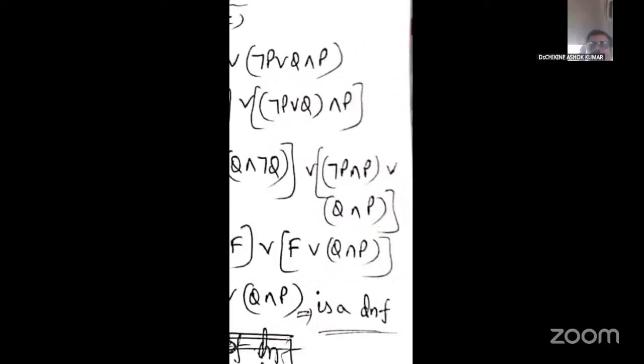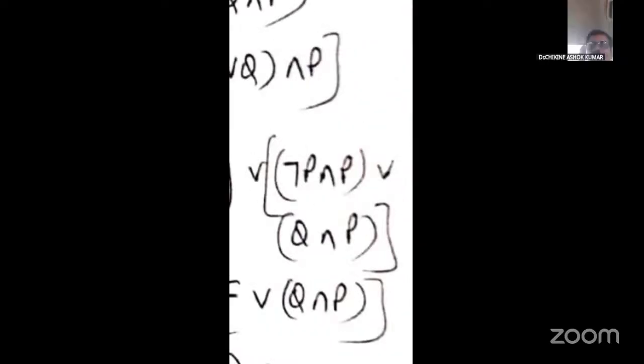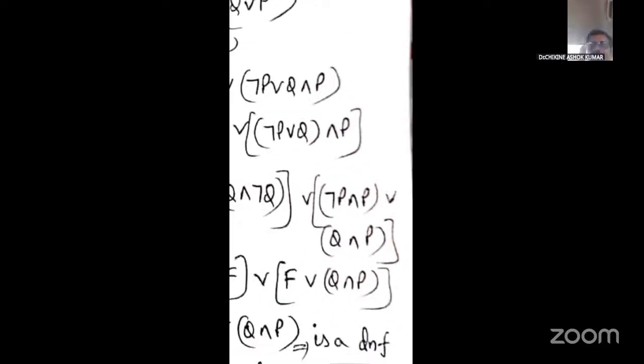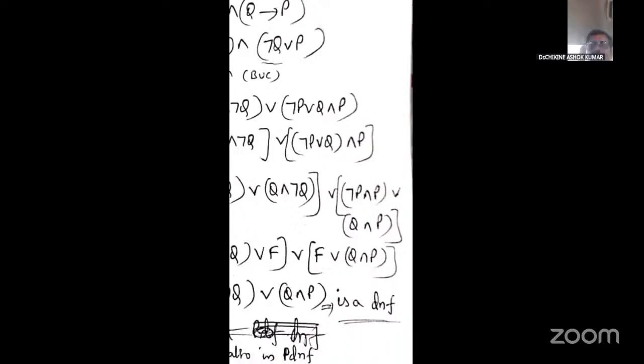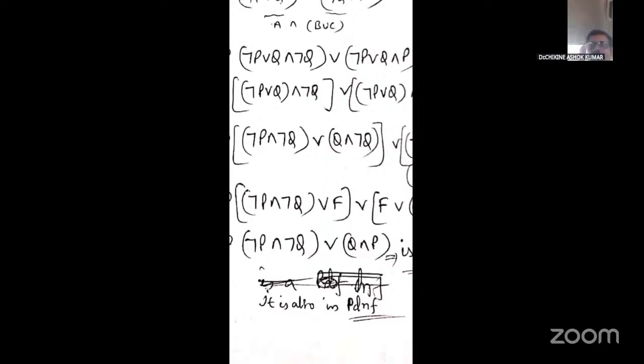Next, union of, here we have the same principle: negation P intersection P, again it will go to false, union Q intersection P. Next, any proposition union false gives the same proposition, so P union false means P only.